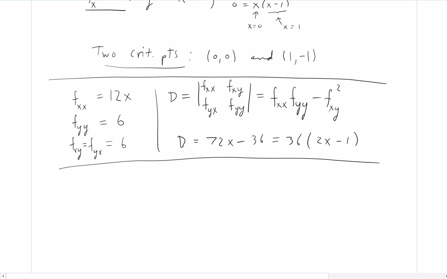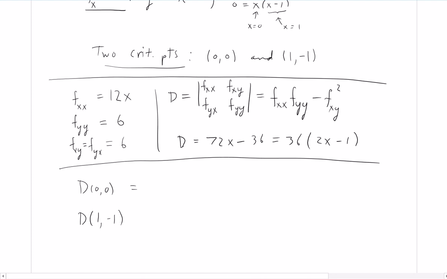Now the second derivative test is all about this quantity d, this determinant. We need to plug our critical points into this function, d, and depending on what we get, this will tell us what sort of critical point it is. So we need to compute d of 0, 0, and d of 1, minus 1.